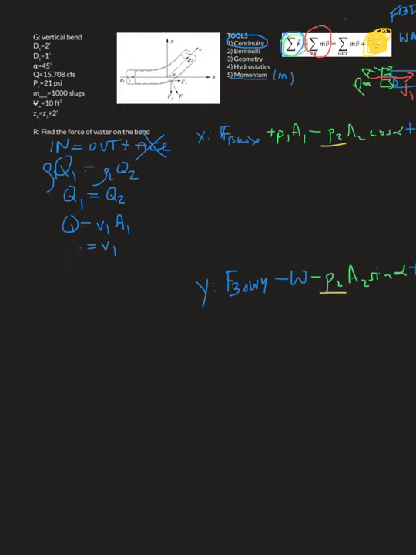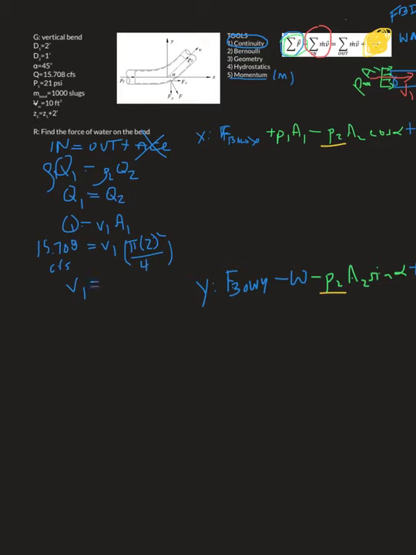Q is 15.708, is this in feet? It's cubic feet per second, equals V1 times pi times D1, which is 2 feet squared, divided by 4.